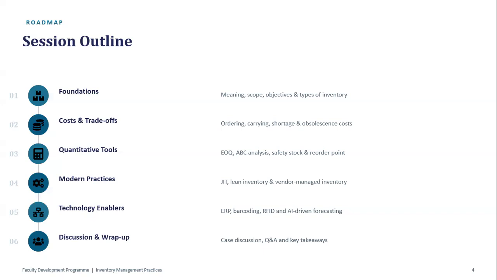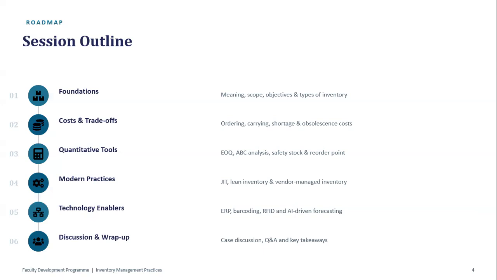Today's session is divided into 6 major parts. We begin with the foundations of inventory management. In continuation, we will try to understand the different inventory costs. Next, we will have an overview of different quantitative inventory techniques.